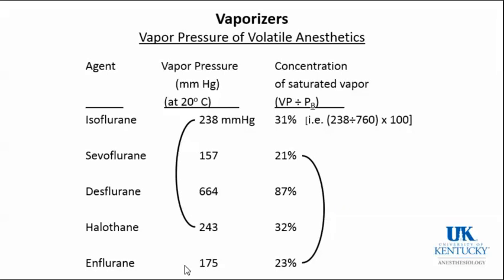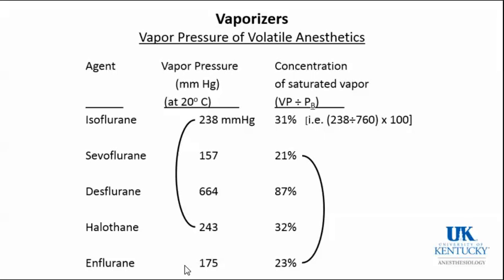So this shows, now the vapor pressure, as you know, varies with temperature. On this slide, I've shown you the vapor pressures of the agents that we use and a couple that we don't use anymore, but come up for discussion at times. You see at 20 degrees temperature, the vapor pressure above isoflurane is about 240, above sevoflurane about 160, and above desflurane about 660.